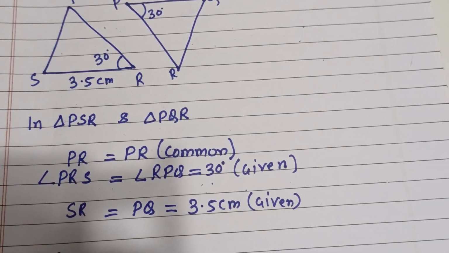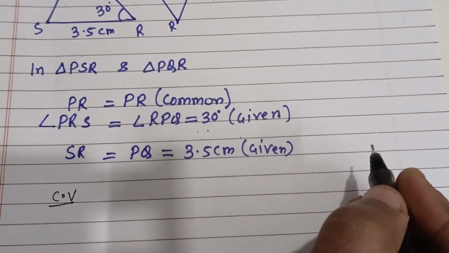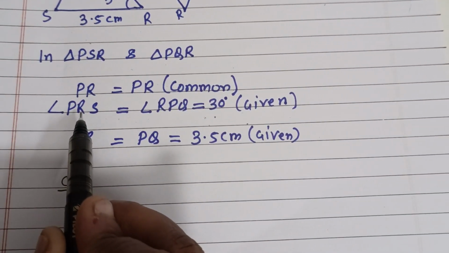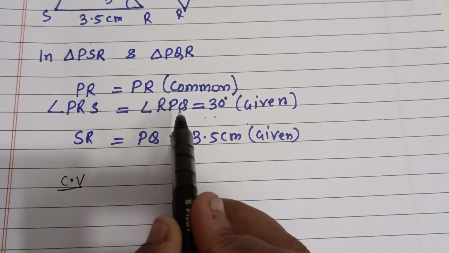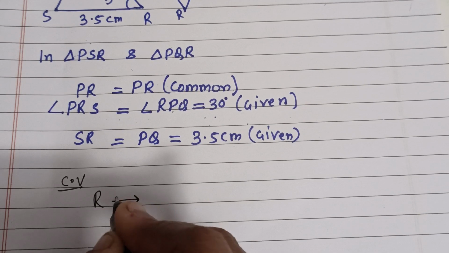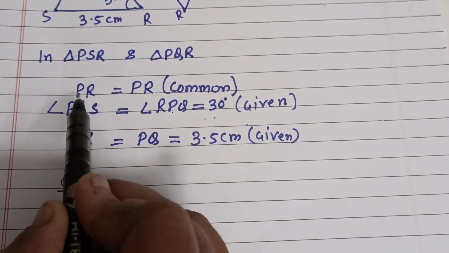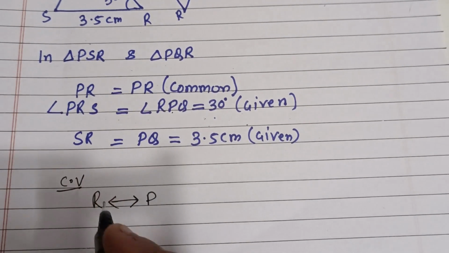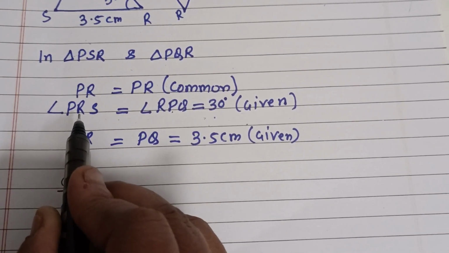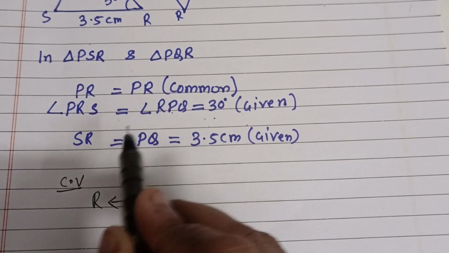So till now, I guess all will be able to understand how to find out the corresponding vertex. First of all, see this angle. So R will correspond to P. As R is corresponding to P, this P will be corresponding to R. R corresponds to P. Okay.